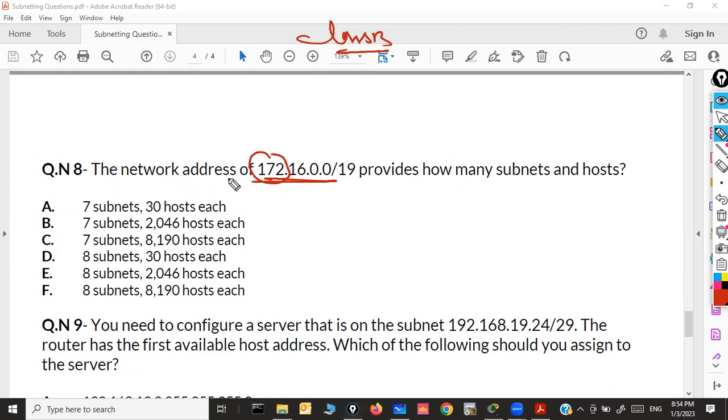First octet is 172. 172 means definitely class B. Without subnetting, class B network means only 16 bits network portion, right? But here we can see /19. It clearly shows that the network has already been subnetted.